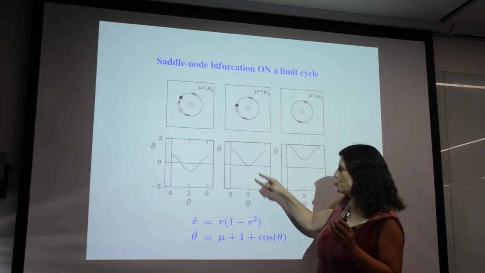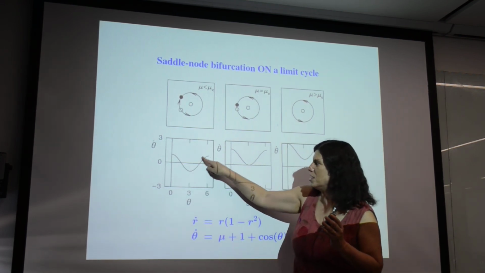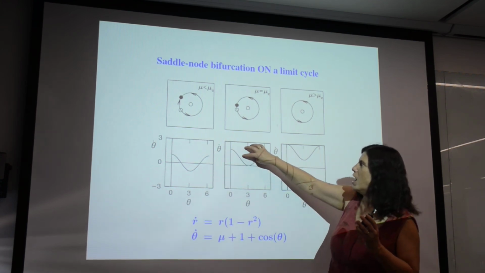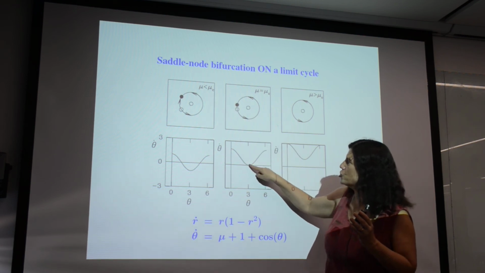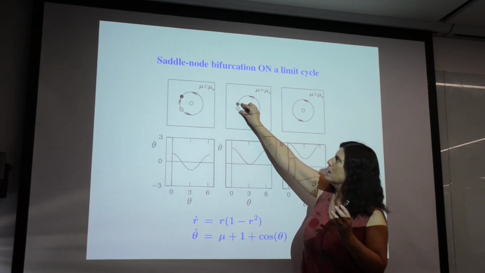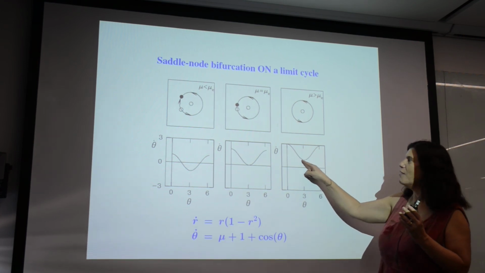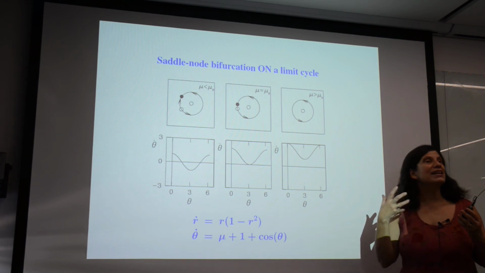As you increase mu, this shifted cosine function is going to rise until, at this point it's marginal, they're fusing, and now you no longer have fixed points. What you have here is a slow region, because again, everything has to be continuous.